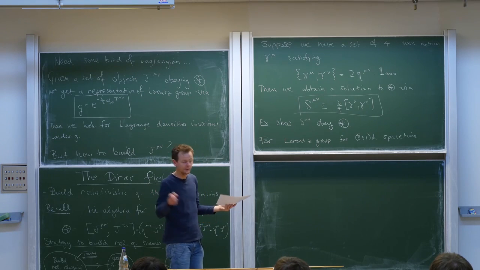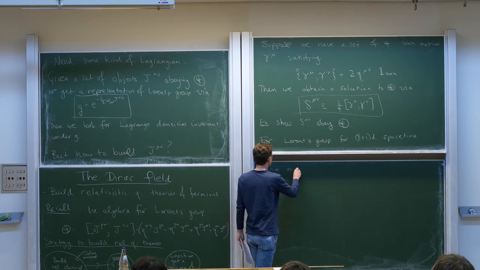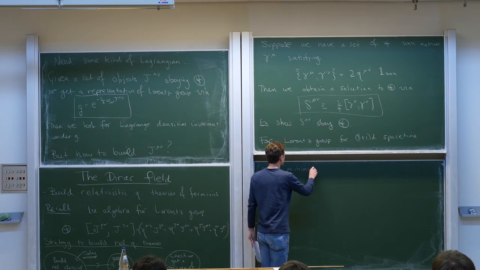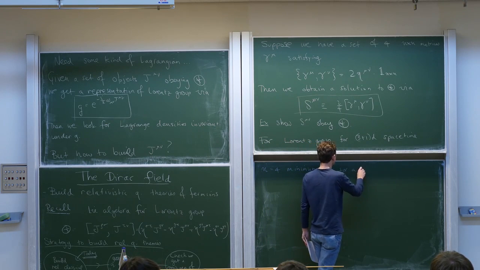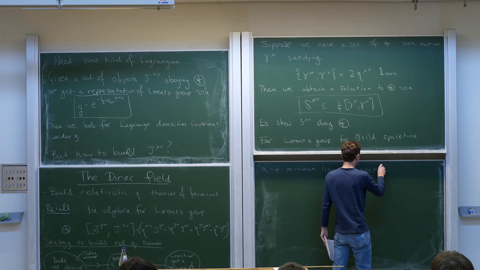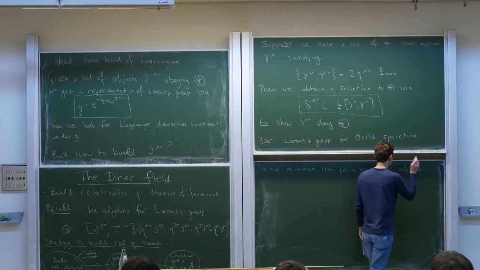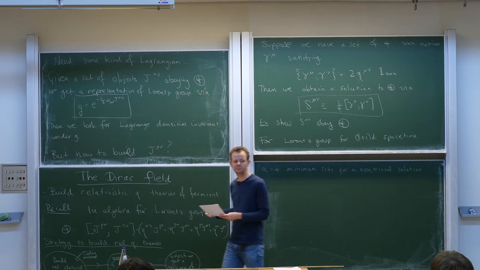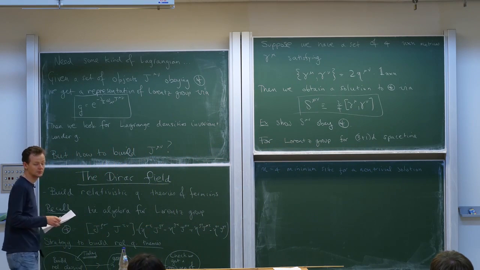In fact, n equal to 4 is the minimum: you need these matrices to be 4 by 4 before we get a non-trivial solution to star.